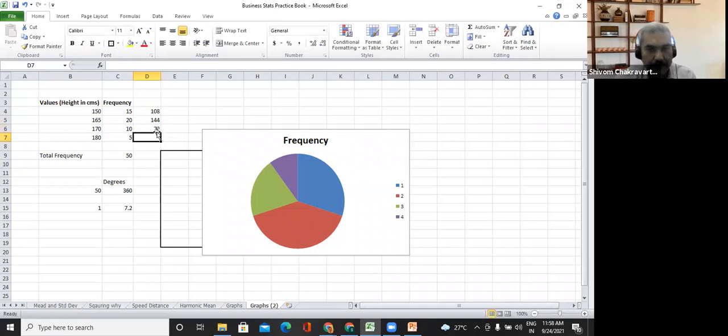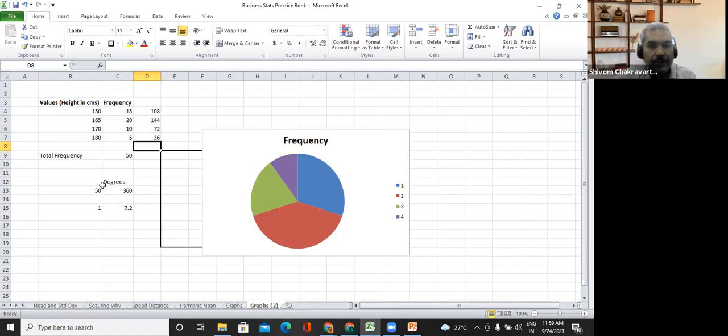One benefit of using cell referencing is that if you change any value, you do not have to go everywhere and change that value wherever it is used. I'll tell you what I mean. So here I am not using cell referencing, I'm typing the value.